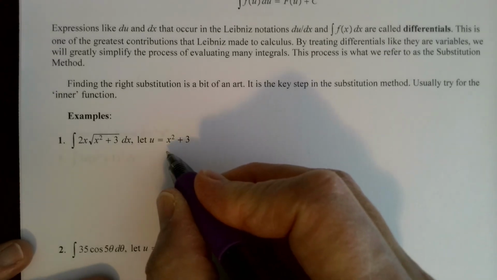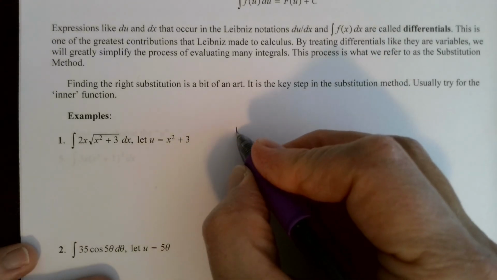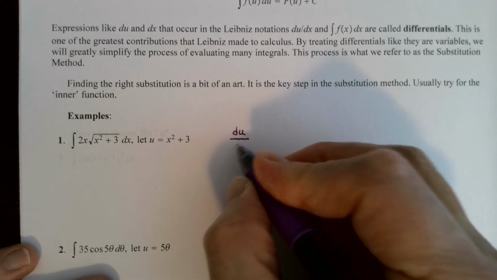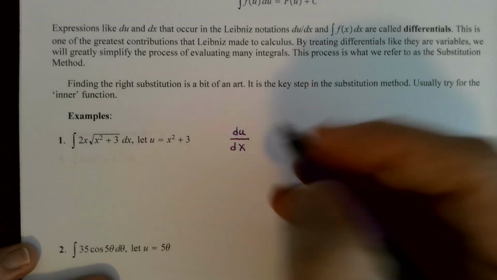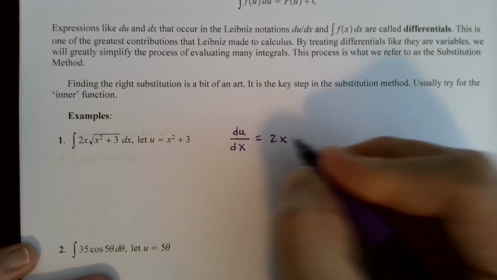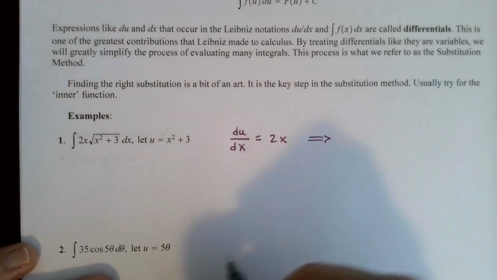We'll start with this u, and then I'll just say, this first time I'm going to say du over dx. What's the derivative of u with respect to x? What's the derivative of x squared plus 3? Oh, that's easy. That's just 2x, right? And then what I like to do is write it in differential form.